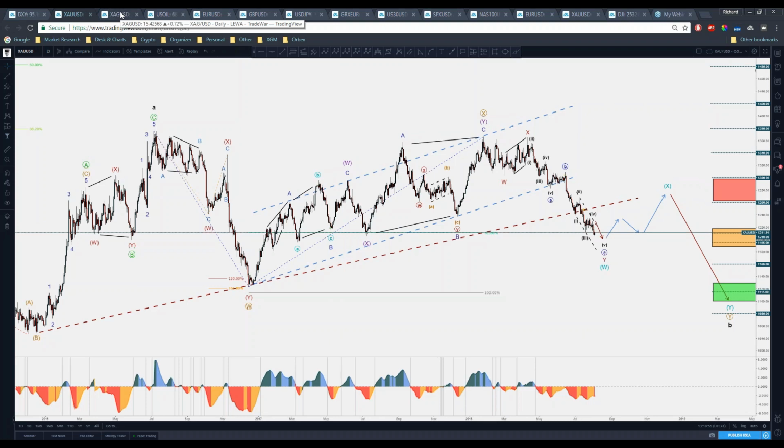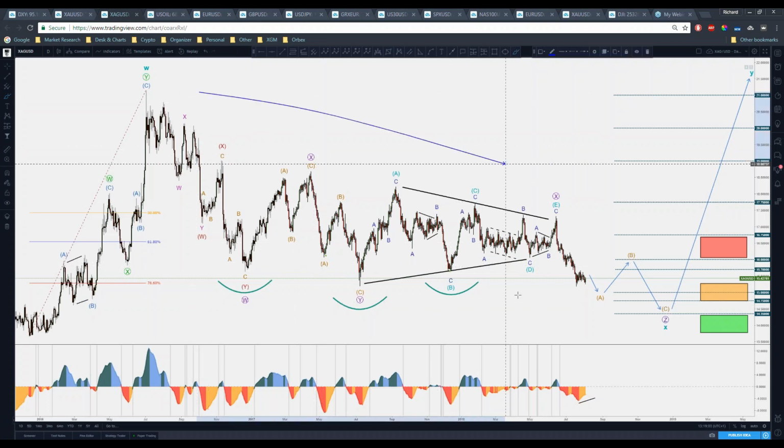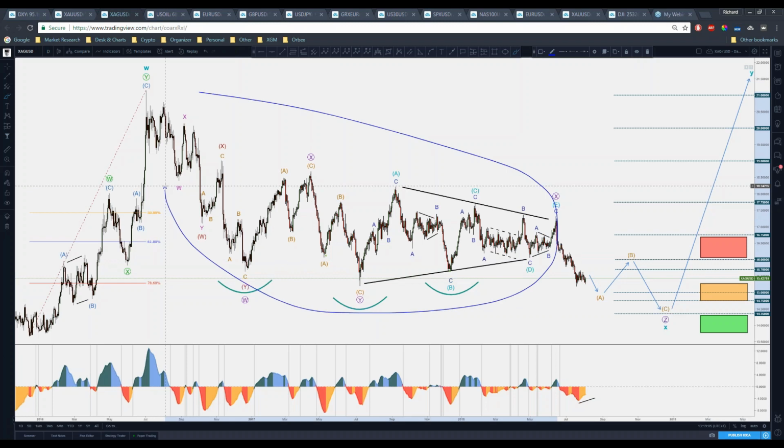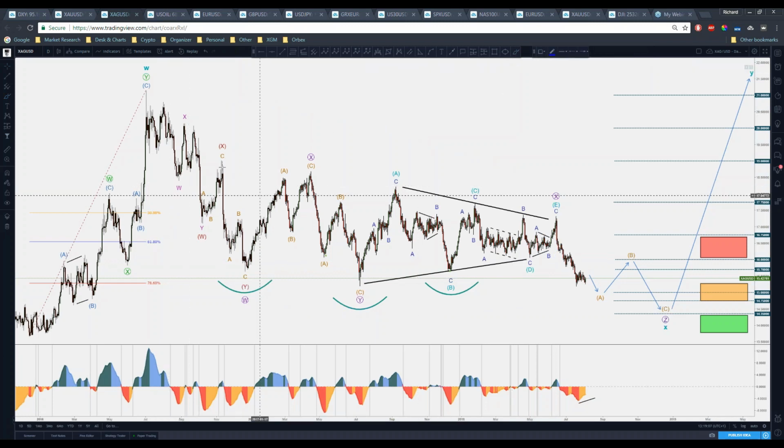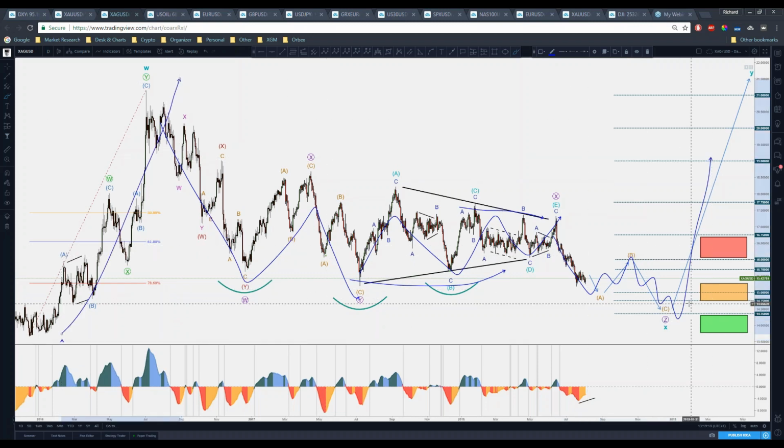So that's enough for gold. As for silver, there's a very complicated structure. I'm having difficulties with this one. I'm labeling this as a triple three, a very complex structure, WXY, and then a triangle in this X, and then of course A, B, C, before a new cycle, and a new parabolic move could even occur.